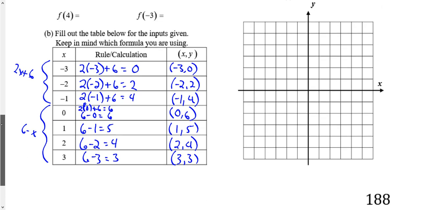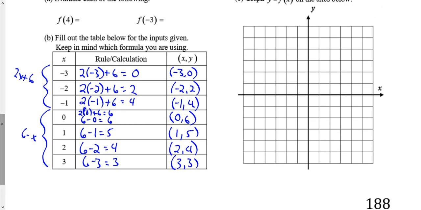I'm going to go ahead and put all these points in here, just because I want to show you what happens at this particular turning point here, right? Okay, so we got negative 3, 0, and then negative 2, 2, and then negative 1, 4, and then 0, 6, right there.